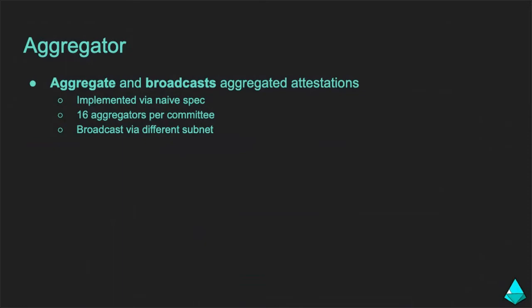So right now there's about 16 aggregators per slot and per committee, and the aggregator broadcasts via different subnets. So as a proposer, when I package the attestations in the block, I don't necessarily listen to every attestation, right? Because that's going to get too spammy. So I will listen to the attestations that are coming from the aggregator.